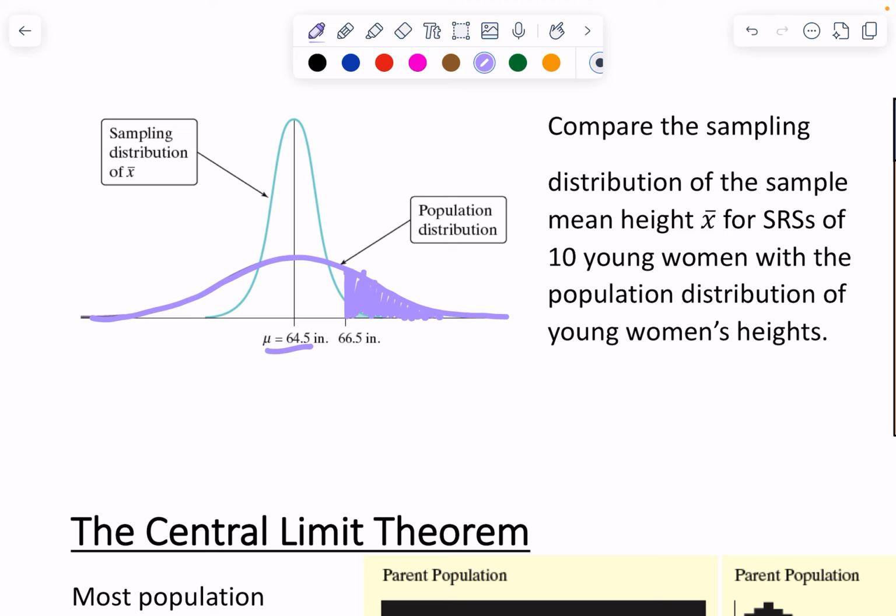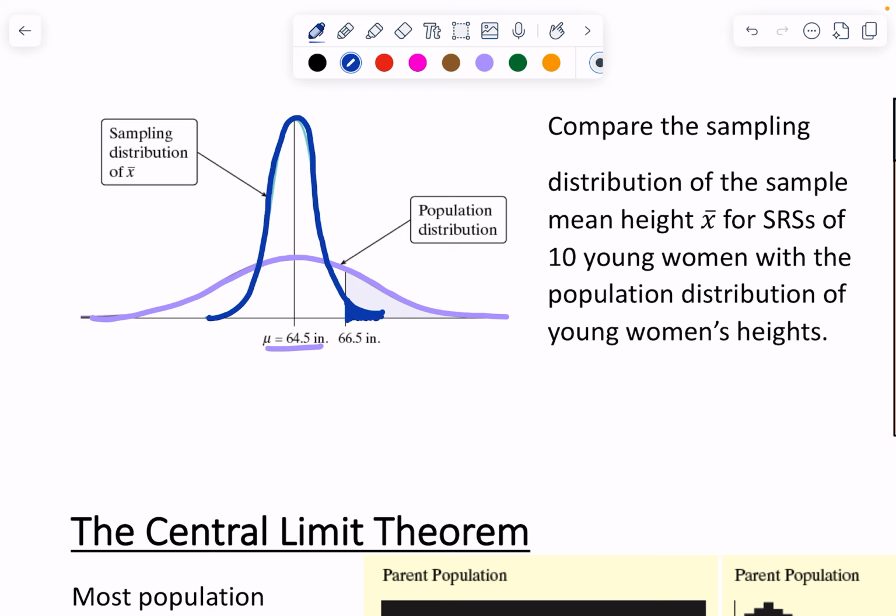To get 10 people, I believe in 7.2, maybe 7.1, we said that larger samples produce less variability. They're going to be closer to that true average of 64.5. So larger samples, like our sample size 10 compared to 1, are going to be way closer to being on the average. So those extremes are going to be harder to find.